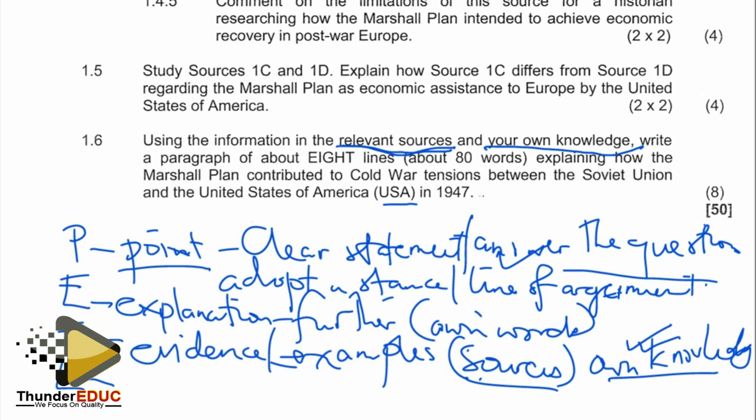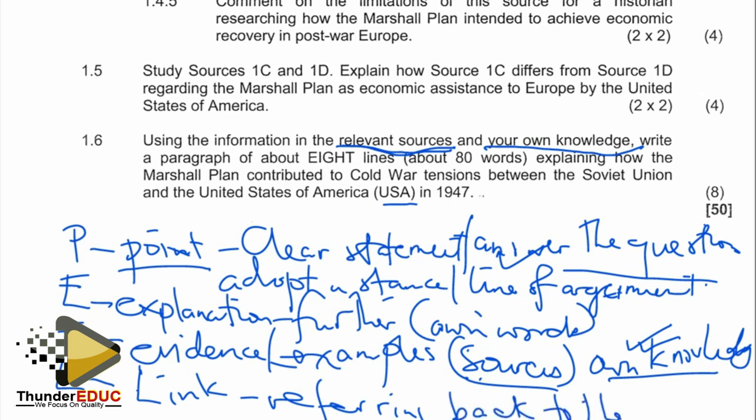Then you also need to check on the link. Here we are saying the link is a linking statement, where you are referring back to the question, or to your line of argument.